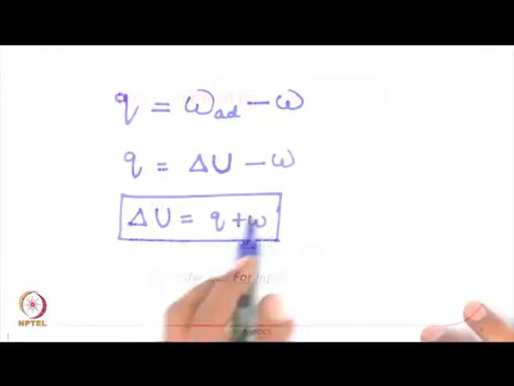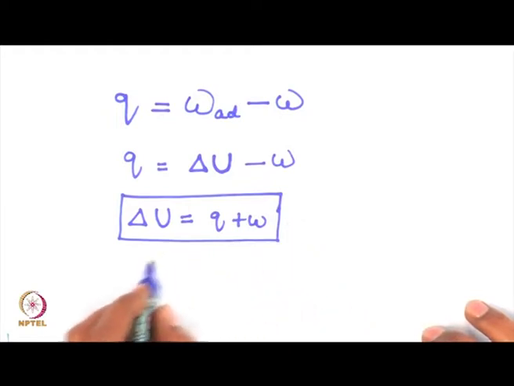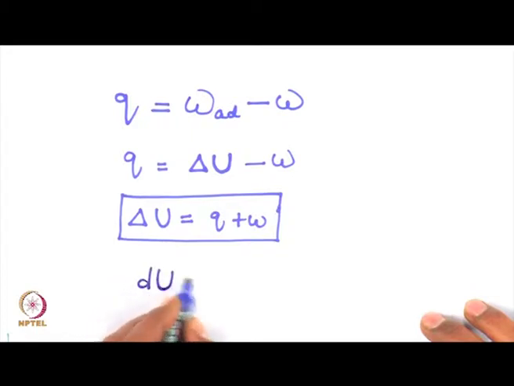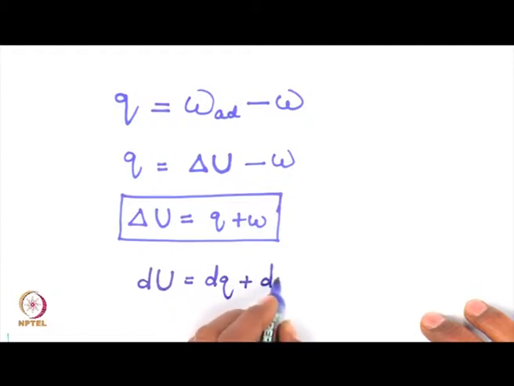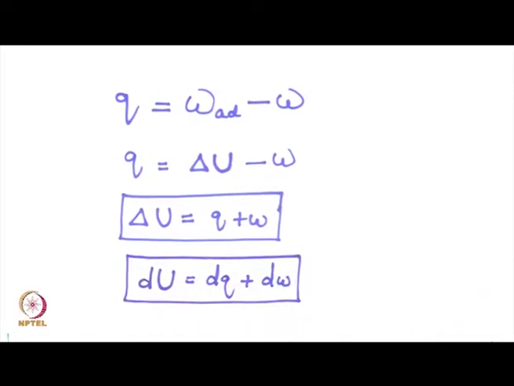Delta U is equal to Q plus W is for finite change, and for infinitesimally small changes I can simply write dU is equal to dq plus dw, and this is another equation which will be very useful when we deal with the infinitesimally small changes and then derive several other equations.